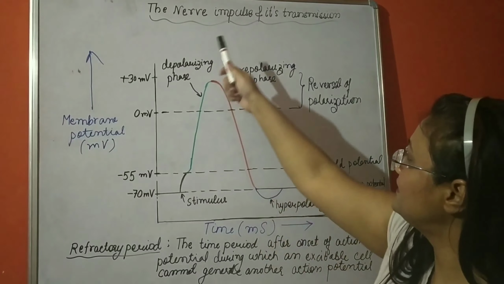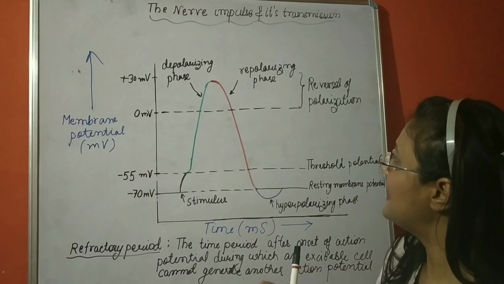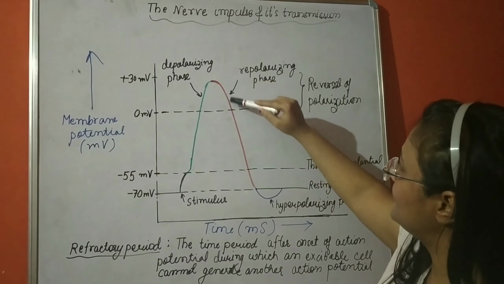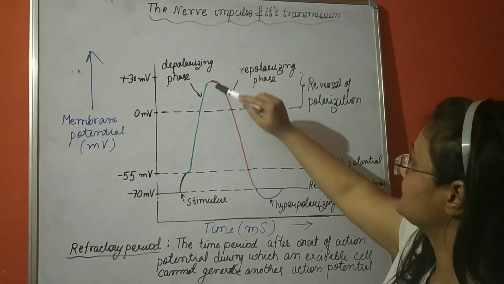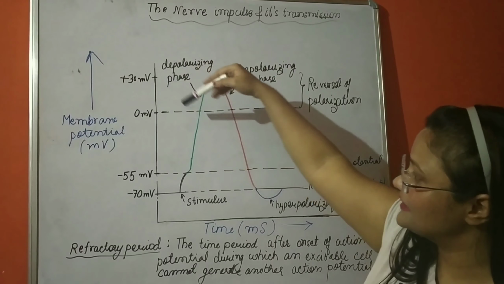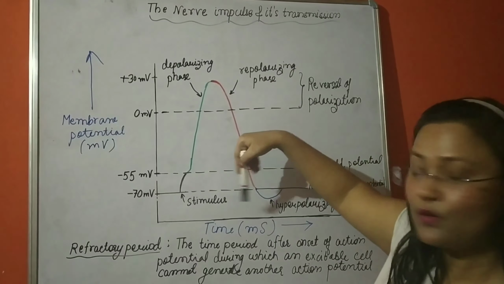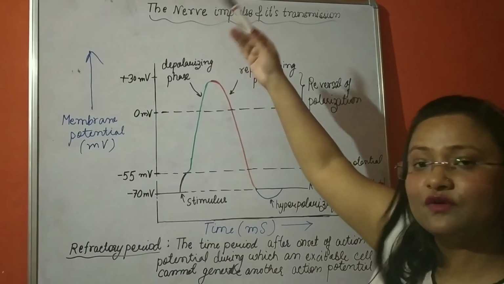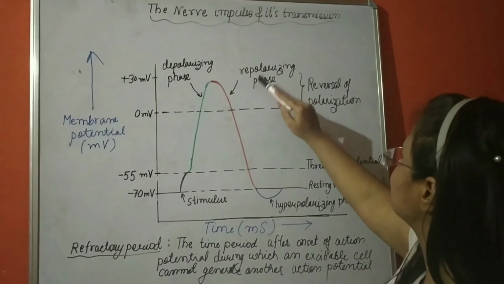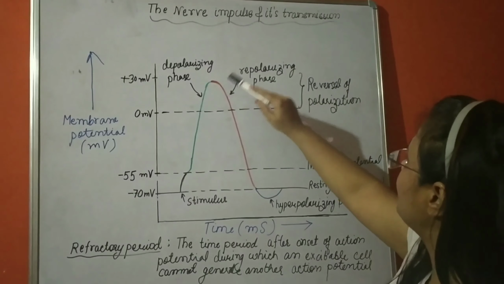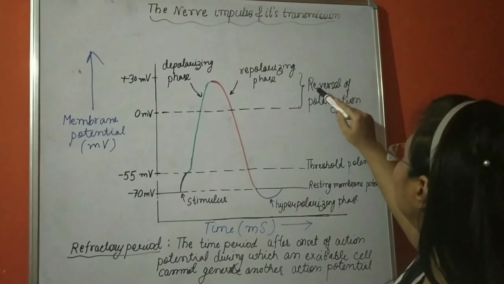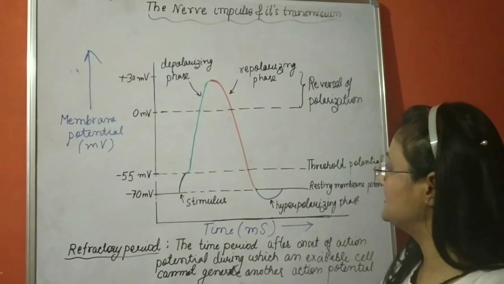Now, after the depolarization phase is over, as we have already discussed, the repolarization phase arises. So the membrane potential gradually decreases now. Here it was increasing, the value was going towards positive. Now it will come back to negative. And this particular phase is depicting reversal of polarization.